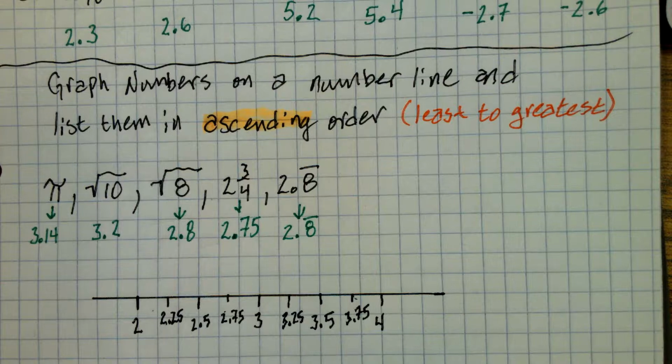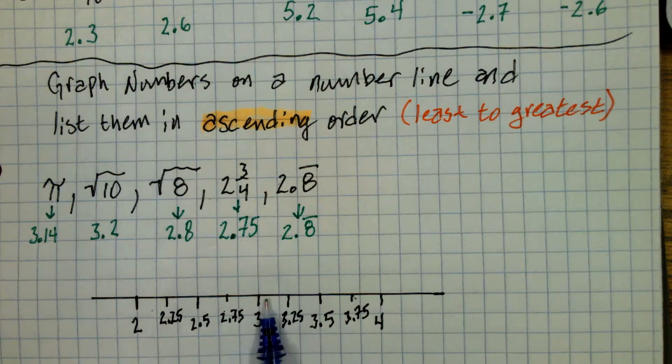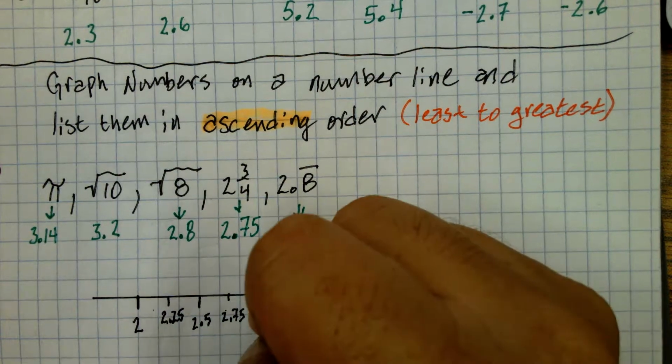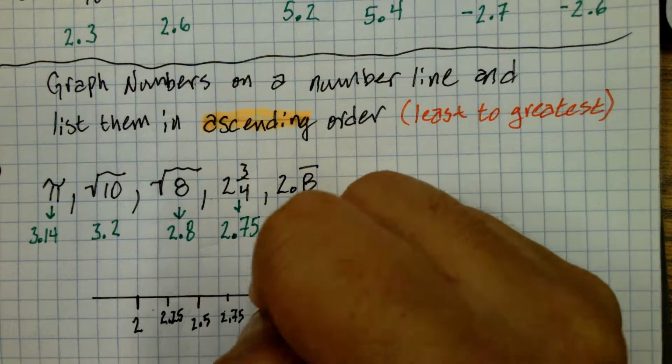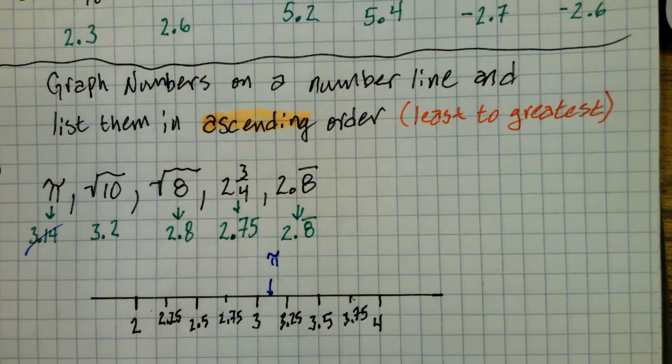So let's get some numbers going here. First, let's find pi. Pi is 3.14. So maybe about here. What do you think? Yeah. That's about where pi would live. Pi lives here. Okay, we're done with that one.